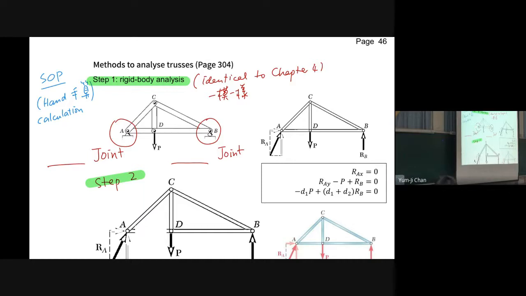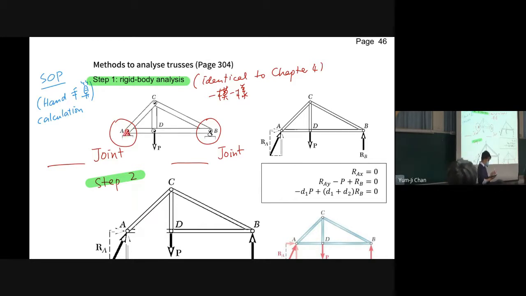At point A, we have something fixed to the ground. Can it move to the left or to the right? No. Can it move up or down? No. And can it rotate? Yes, because this is only a pin.